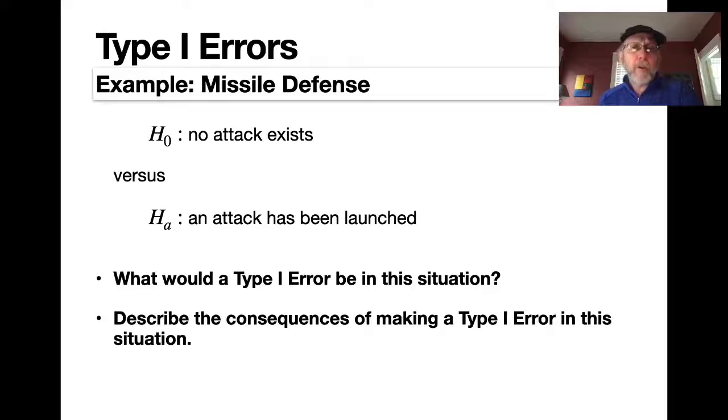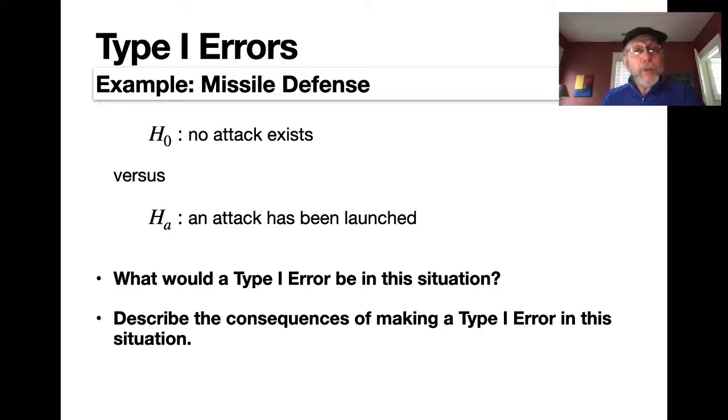Maybe that involves launching your own ballistic missiles at your adversary. Think about how that looks from the other side, from the adversary's point of view. They haven't launched an attack, and yet, all of a sudden, here come missiles from the other side. The consequences of a type 1 error in this situation are pretty serious. You may have just started a war by mistake.